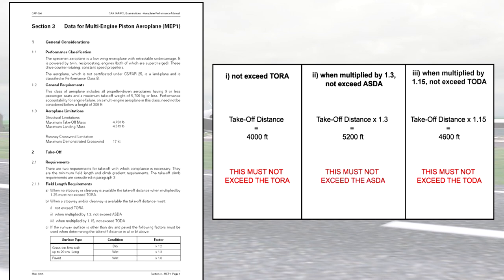You may recall that the takeoff distance available is the takeoff run available plus any clearway. Therefore, the pilot must ensure that he has at least 4,600 feet of takeoff distance available.